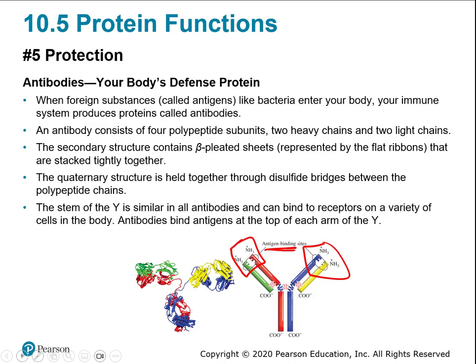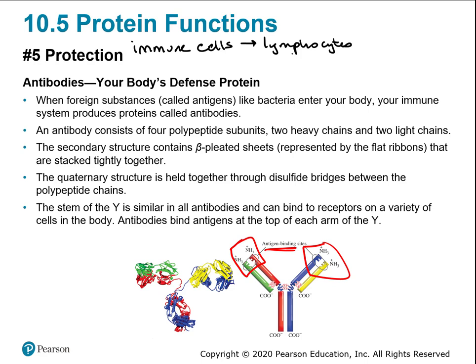Number 5, protection. You have immune system cells called lymphocytes. They're white blood cells, and about 30% of your white blood cells are lymphocytes.